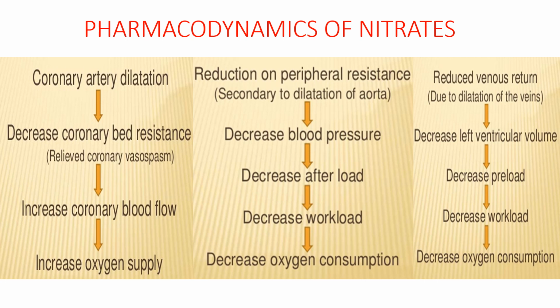Now, what happens at the venous level? Reduced venous return because of the dilatation. Ultimately, decreased left ventricular volume, decreased preload, of course decreased workload, and of course decreased oxygen consumption. So by using nitrates, we are doing both things. We are decreasing oxygen demand and we are increasing oxygen supply.